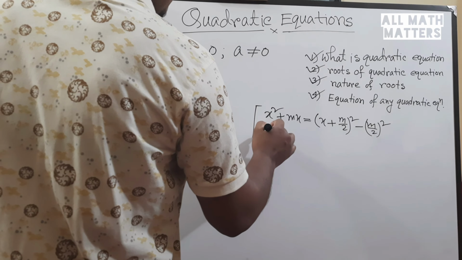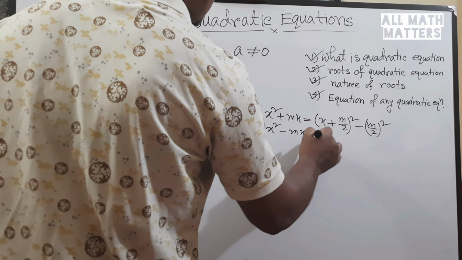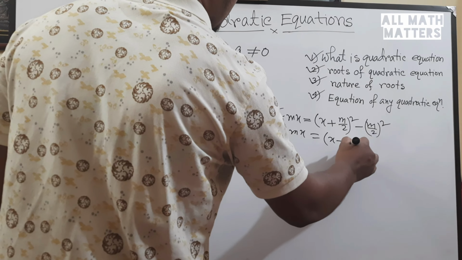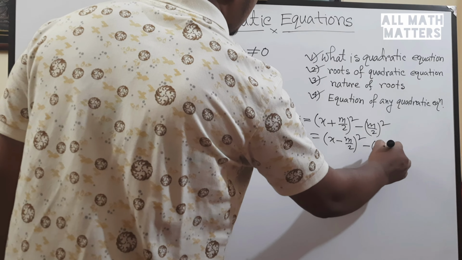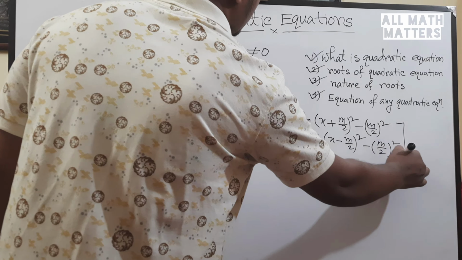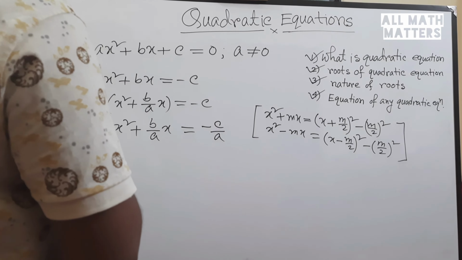And if x square negative mx, then you can write x negative m over 2 whole square negative m over 2 whole square. So these two formulas are so important for finding the completing square.